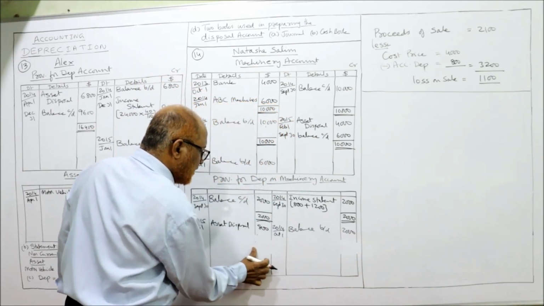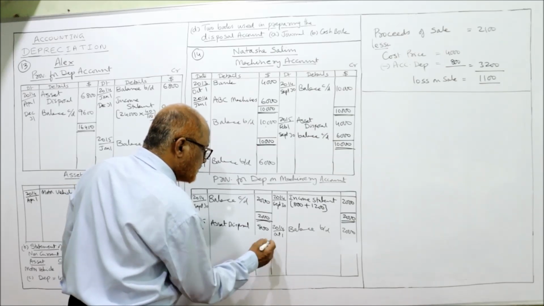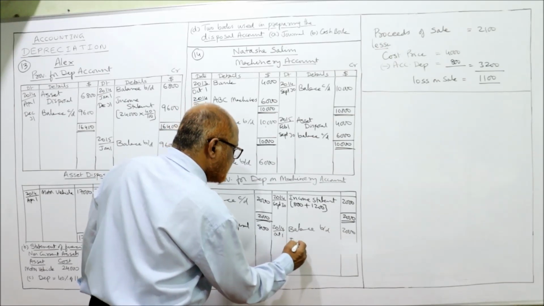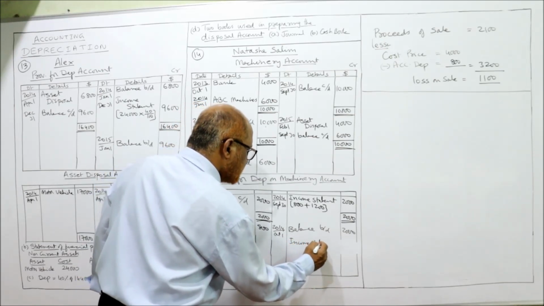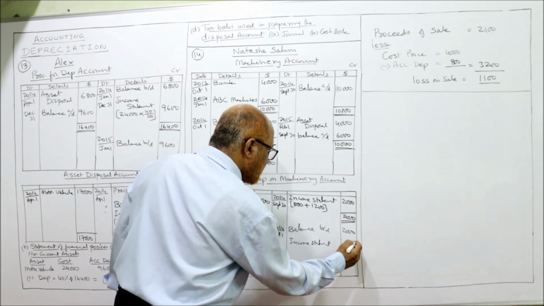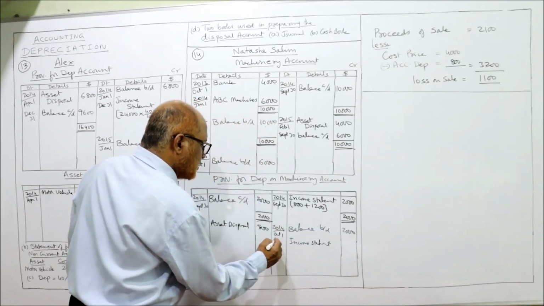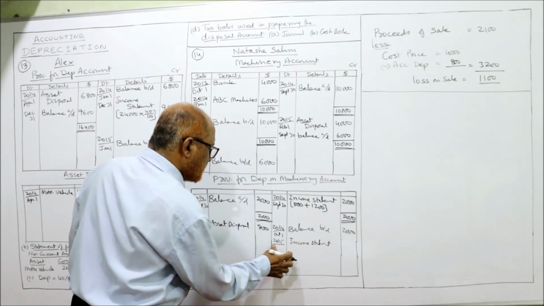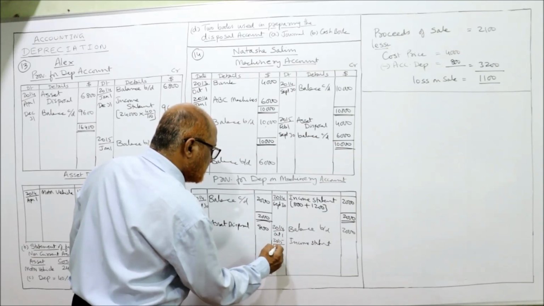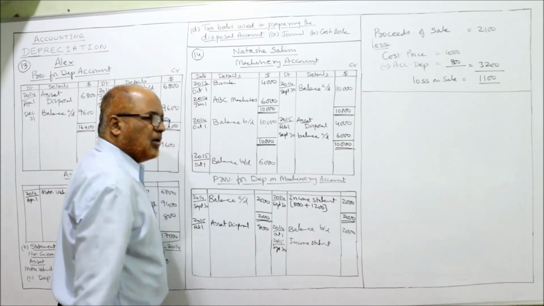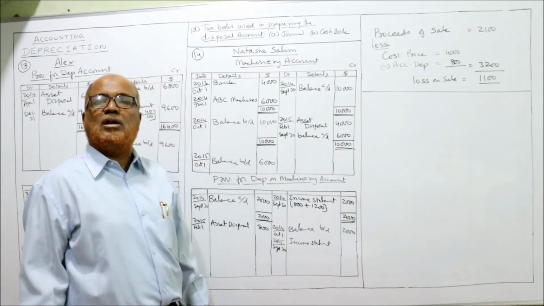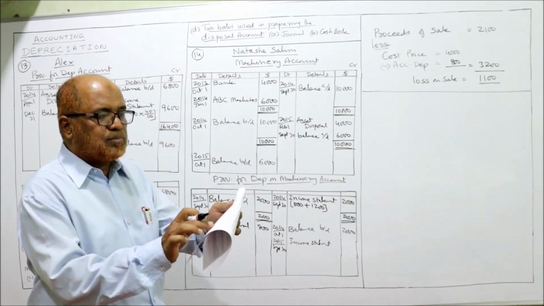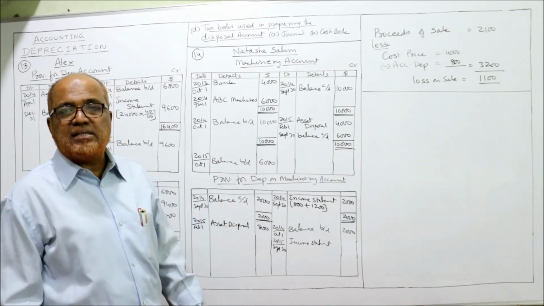So income statement. This is on 2015 September 30th. Now on which machine we have to provide the depreciation? Second machine. And which method we are following? Reducing balance method.